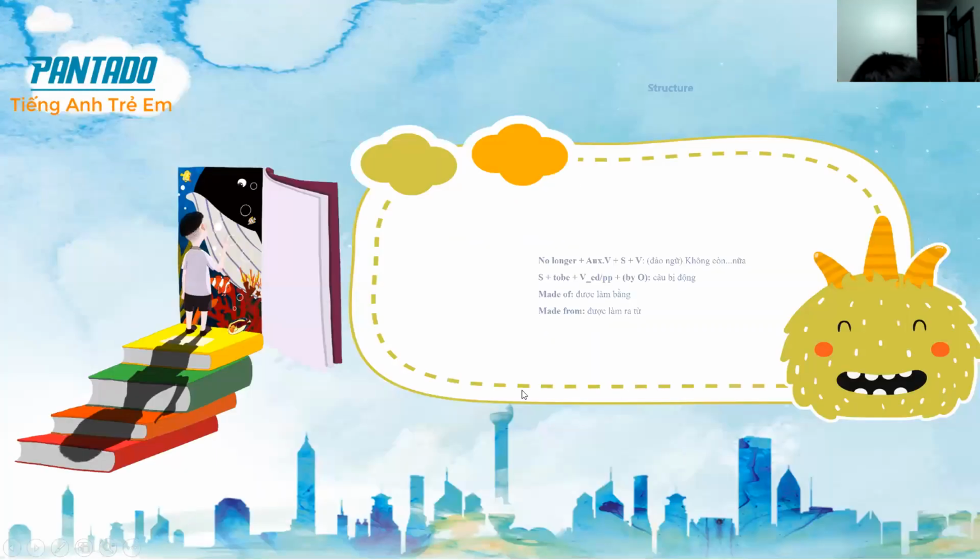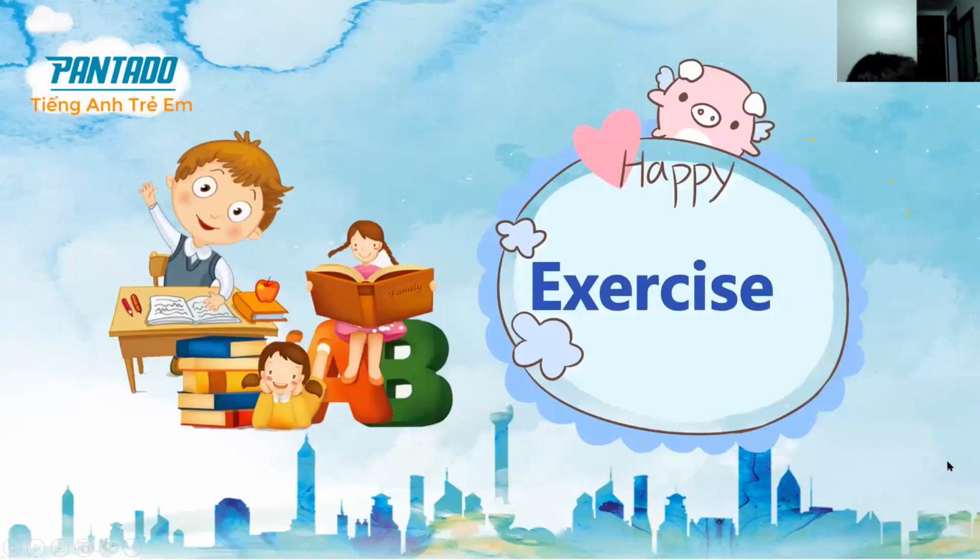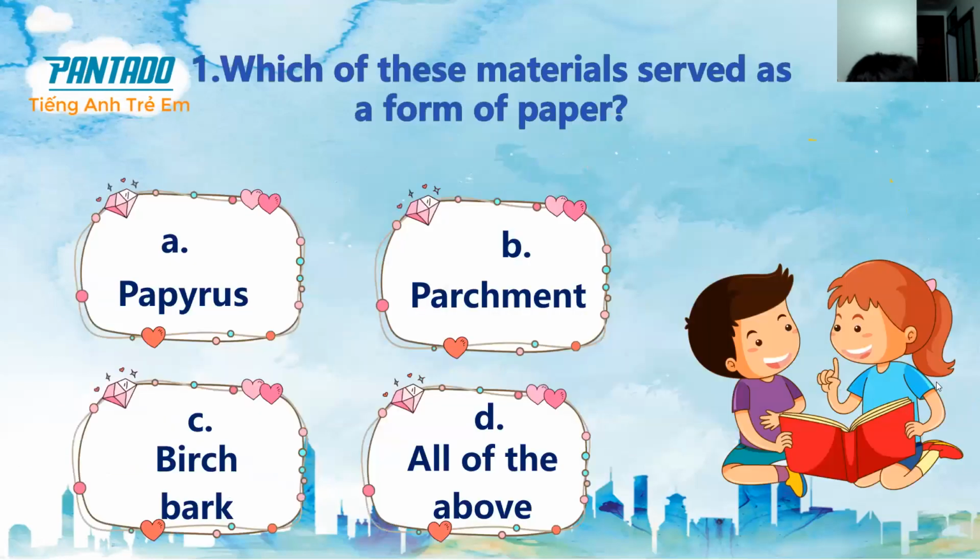Okay. Now, let's answer some exercises based on the story. Which of these materials serve as a form of paper? A, B, C, or D? It's all of the above.